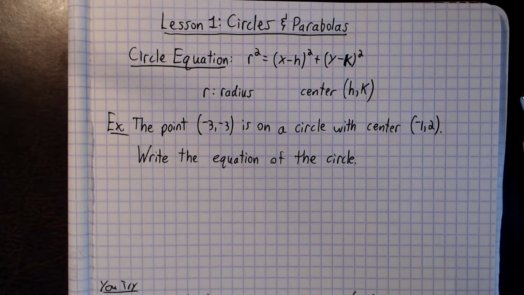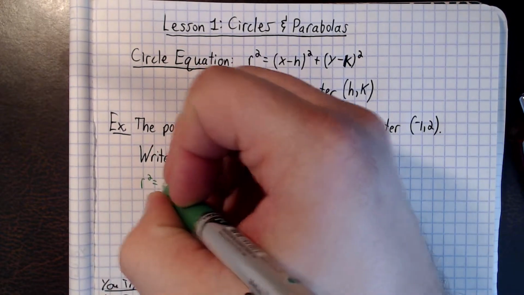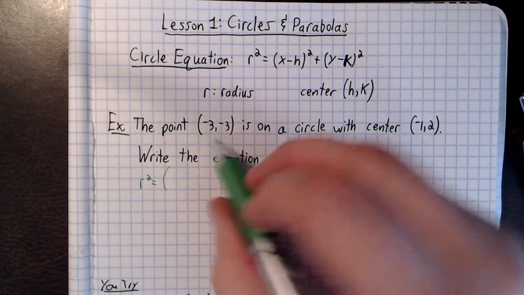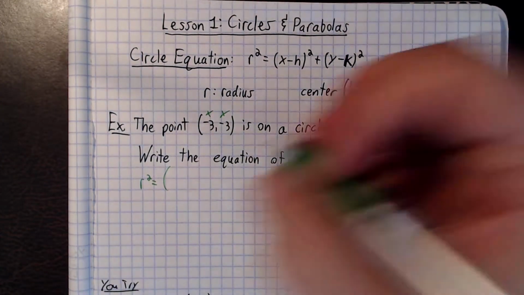So we're going to use this formula and start plugging in. This would be our x and y. This would be our h and our k.